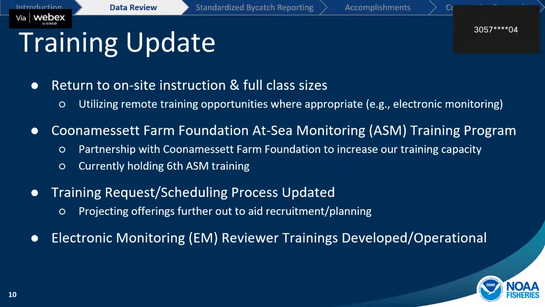They partnered and awarded a contract to Coonamessett Farm Foundation, and that was to increase our training capacity for the upcoming increase in our at-sea monitoring groundfish coverage that began May 1st, 2022, from 40% to 99% coverage. So in a future slide, you'll be able to see how that impacted our training schedule.